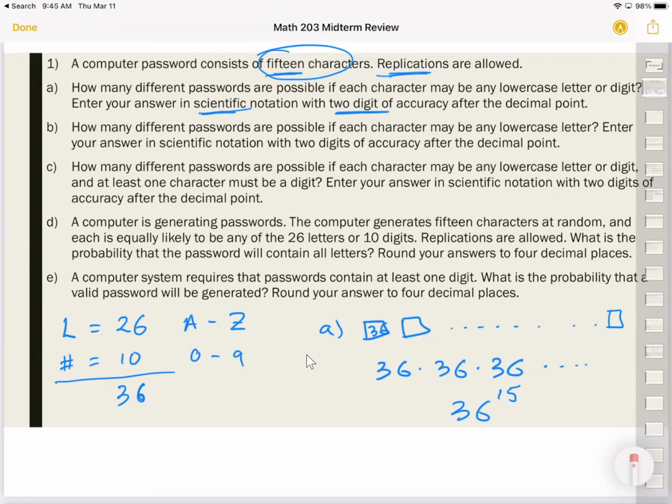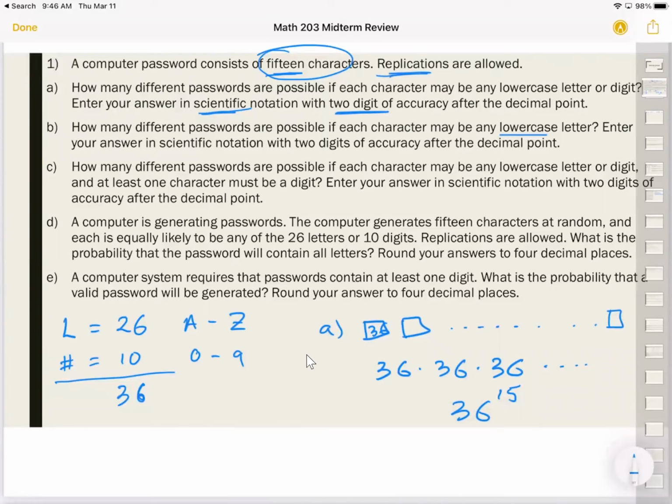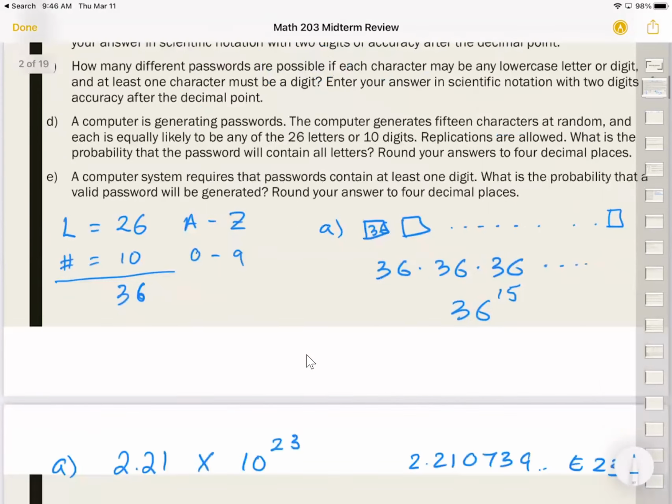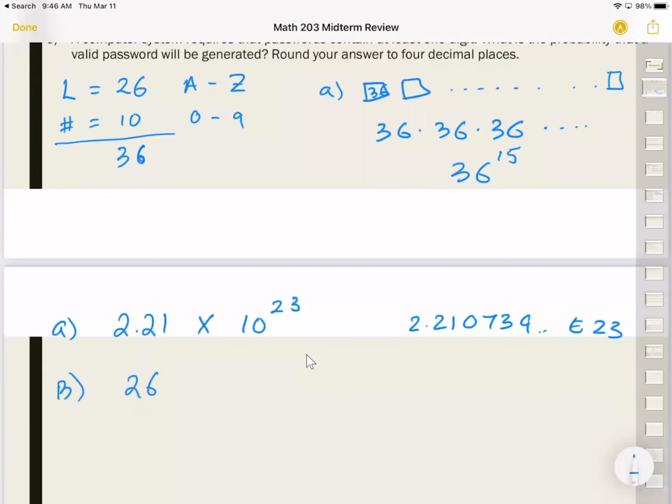Now they ask you how many different passwords are possible if each character might be any lowercase letter. So now they restrict to just lowercase. We cannot have any digit, right? So if we restrict to lowercase letters, do you agree that for B we only have 26 different letters?